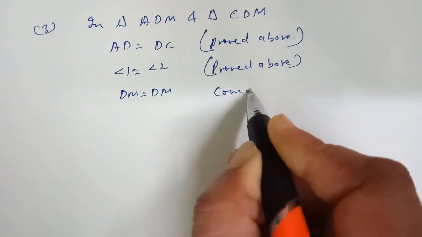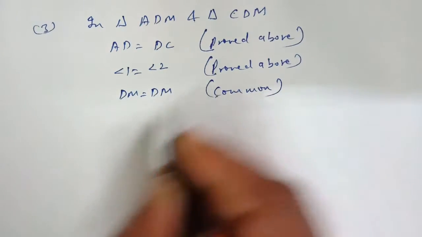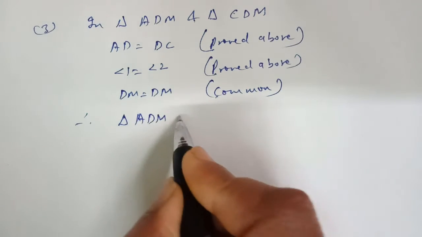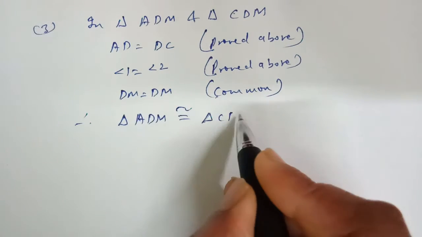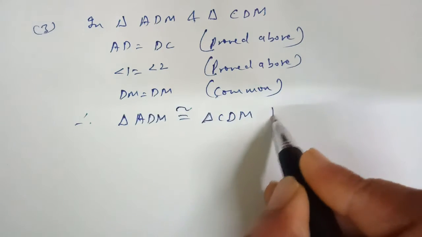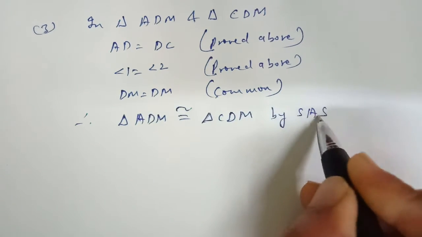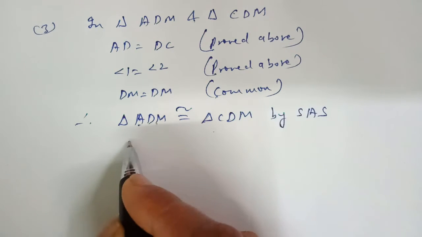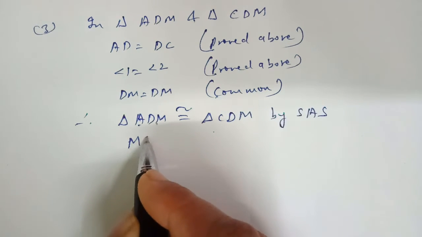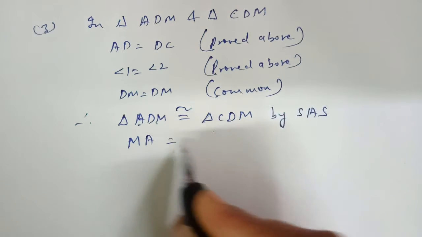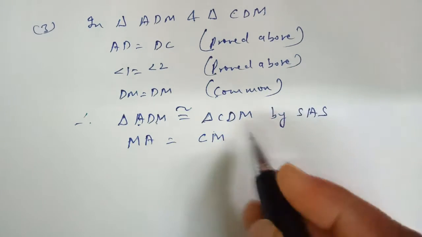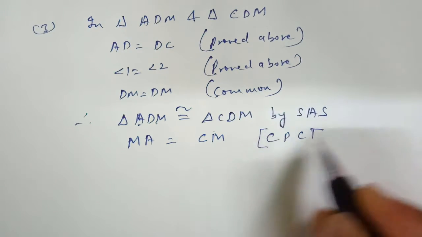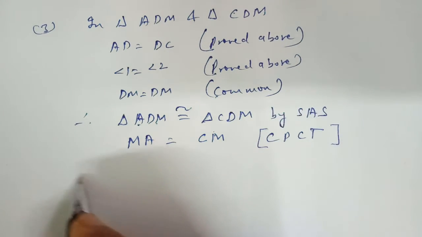It is common. We have to give the reason why they are equal. Therefore, triangle ADM is congruent to triangle CDM by side angle side. And when both the triangles are congruent, then we will get AM or MA equal to CM by CPCT, corresponding parts of congruent triangles.